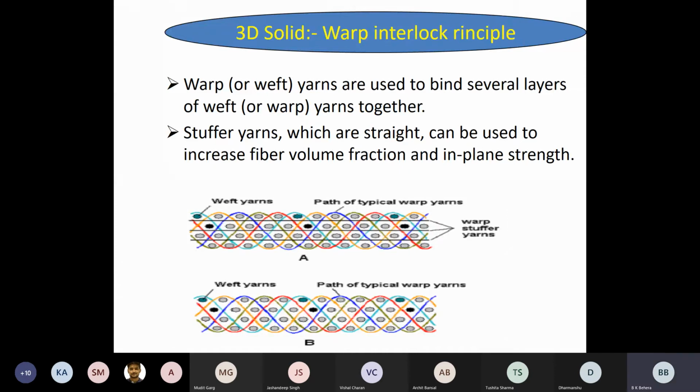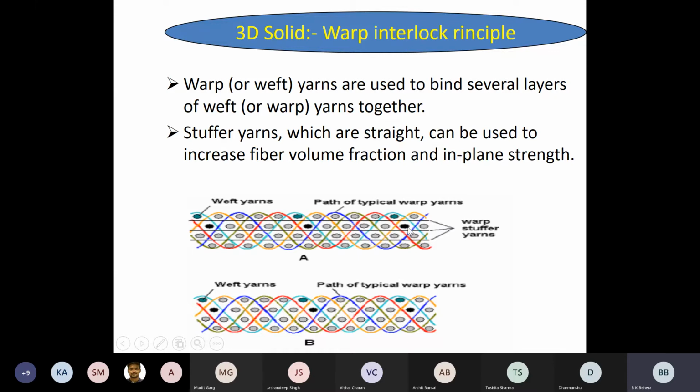So we can make this whether it is warp or weft interlock. They are used to bind several layers of weft.